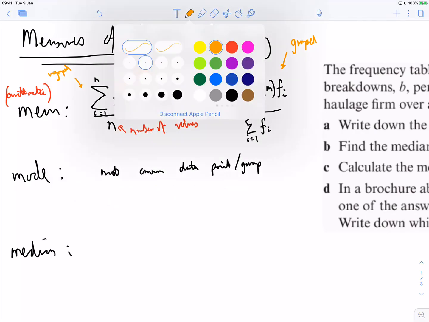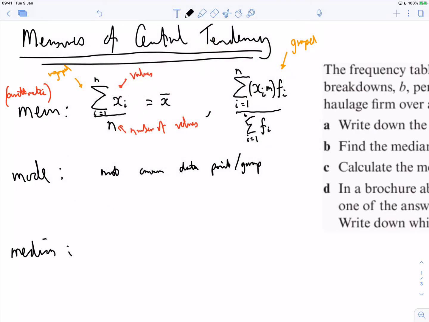Now the median, there's a little bit of controversy, and I'll talk to you about that now. The median is defined to be the middle position of the data set.